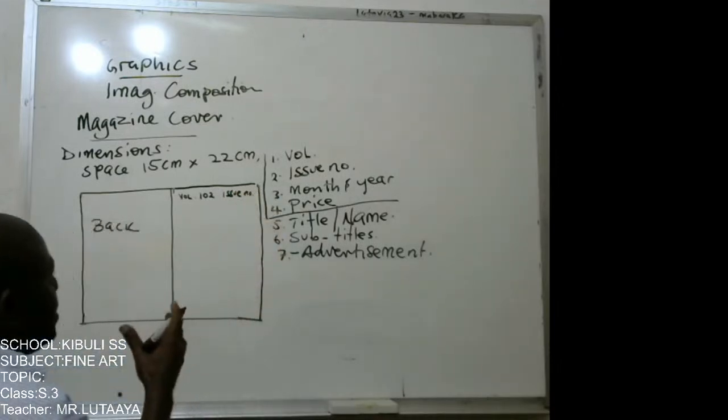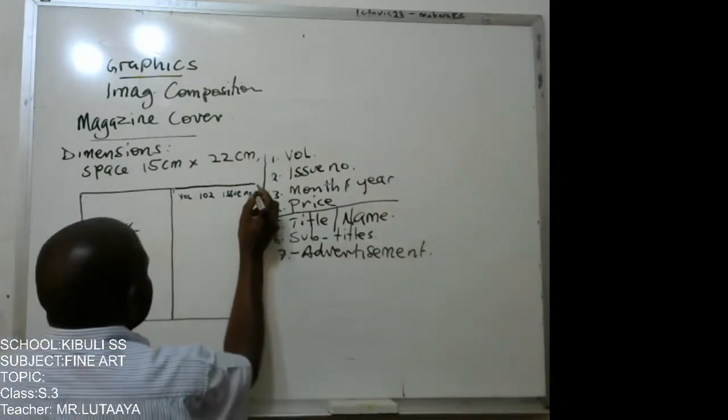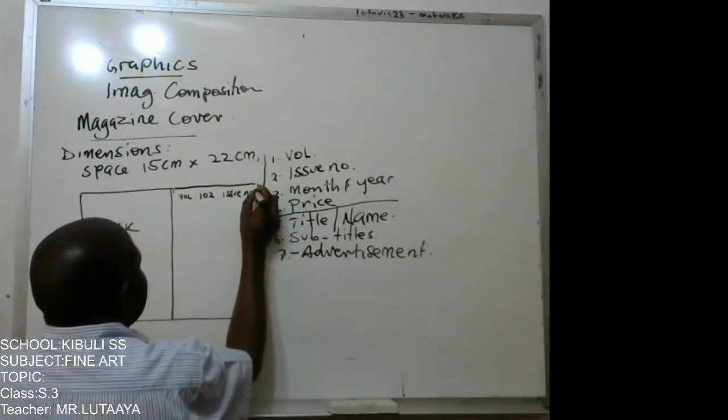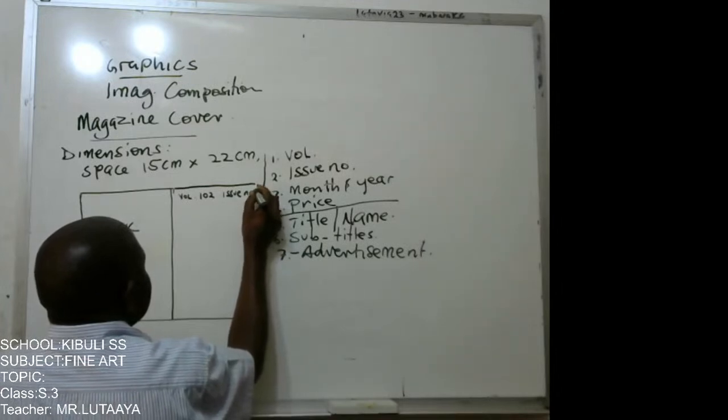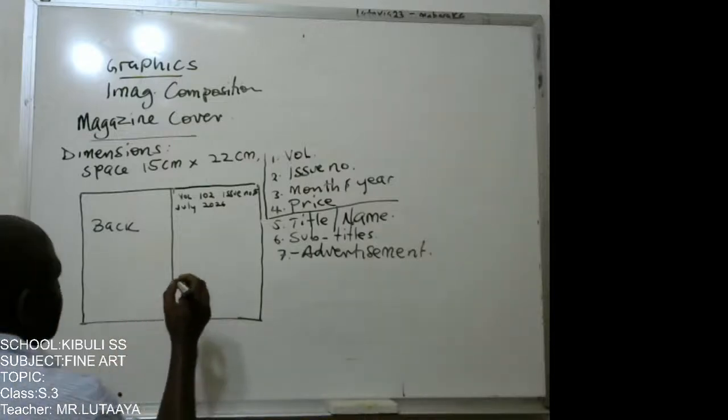It should not be outstanding, but it should be there. For example issue number 5. It is also important to place it there. Then the price, which is not big.